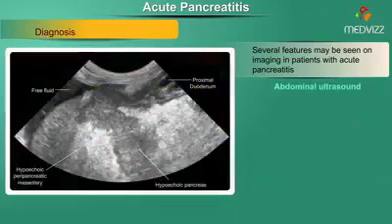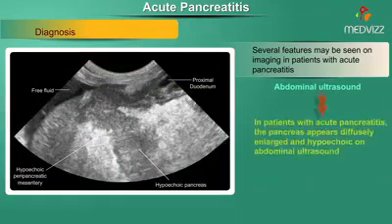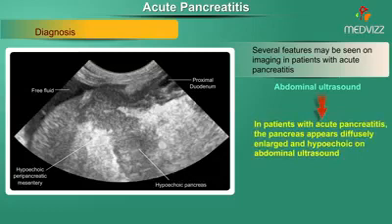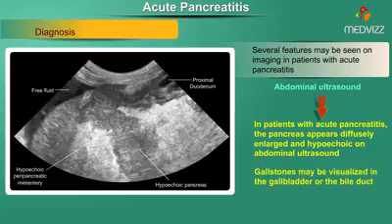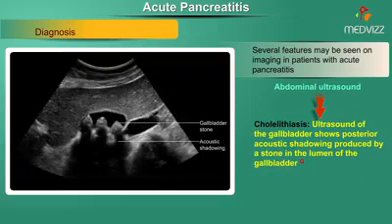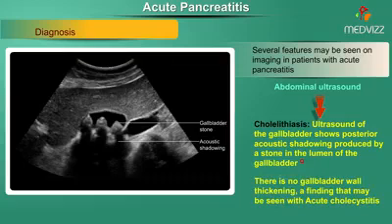On abdominal ultrasound, the pancreas appears diffusely enlarged and hypoechoic. Gallstones may be visualized in the gallbladder or the bile duct. Ultrasound of the gallbladder shows posterior acoustic shadowing produced by a stone in the lumen of the gallbladder. There is no gallbladder wall thickening, a finding that may be seen with acute cholecystitis.